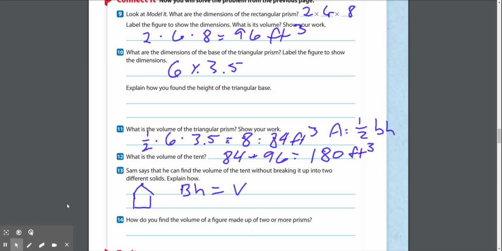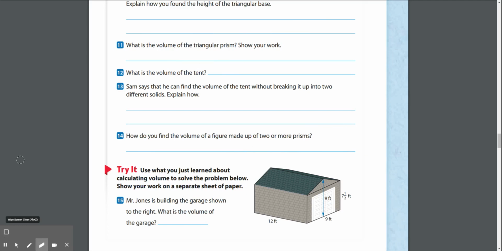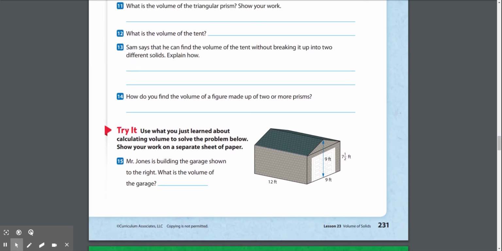So we've got another one. Let me erase this. So this is basically the same thing. I'm going to leave you with this to figure out. You just do the same thing. You've got two different prisms here. You've got this rectangular prism, and you've got the triangular prism.